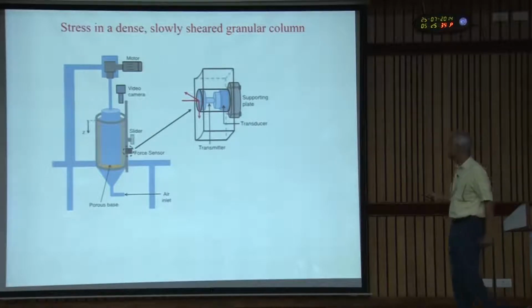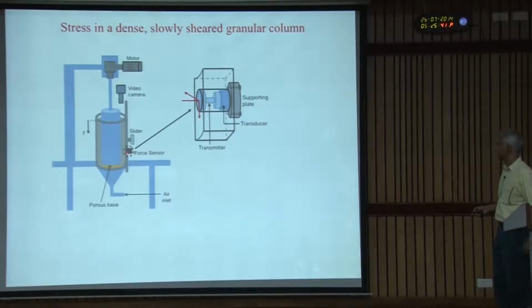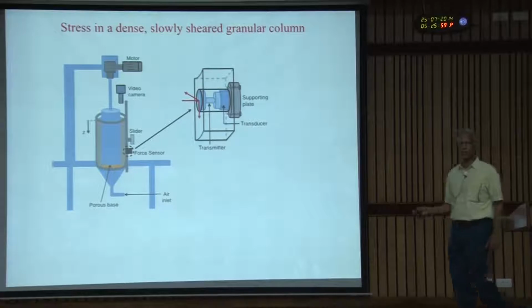So what we're doing here is using this strain gauge sensor to measure the traction on the outer cylinder as a function of depth. Okay, so there's a slider that can move up and down, and this sensor is mounted on the slider, and the sensor can measure the shear as well as the normal forces acting on it.